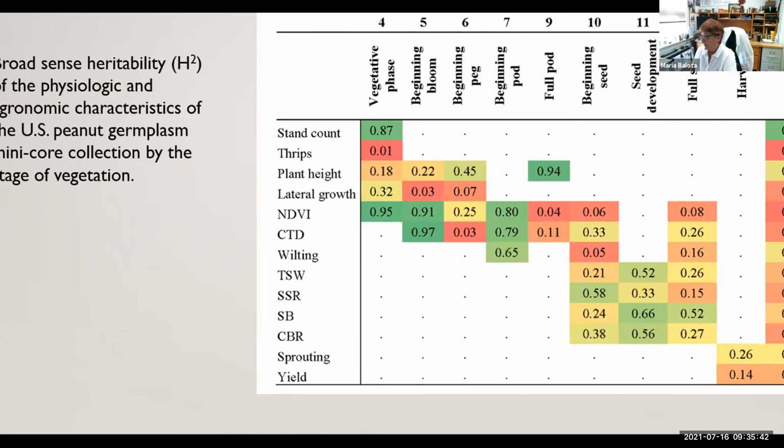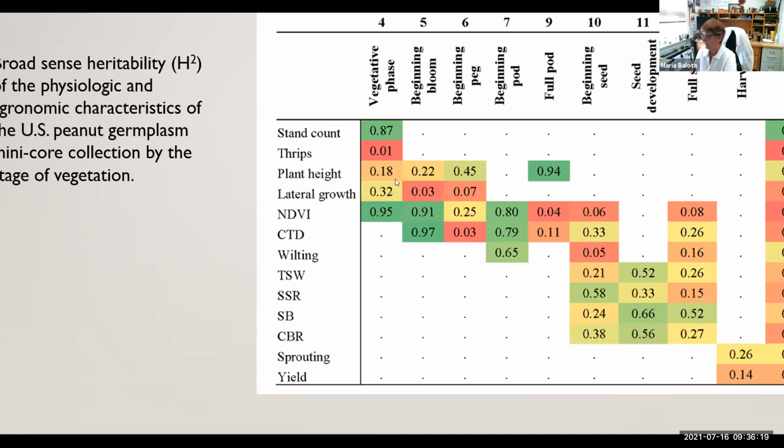You can see that, taking into account data from both years, some heritability indices were significant and high, but they were only at certain vegetation stages, which means that it is important when the phenotyping is to be collected. On average, across all the vegetation stages, they are all low.